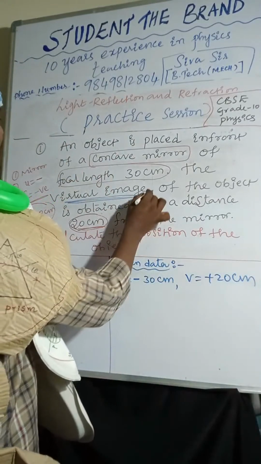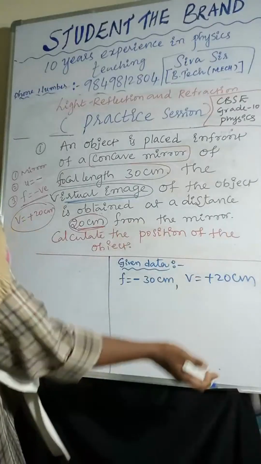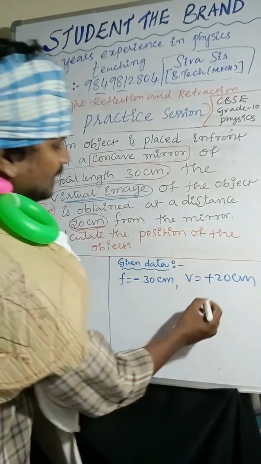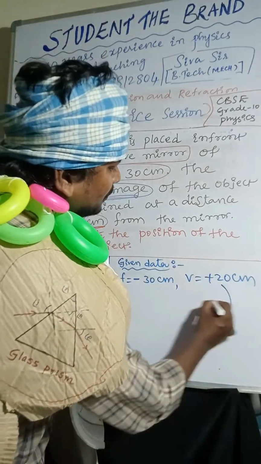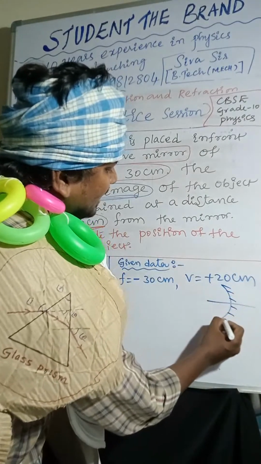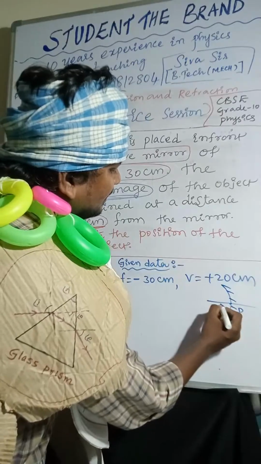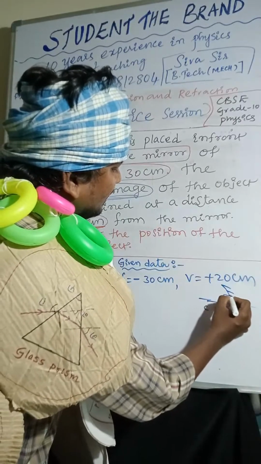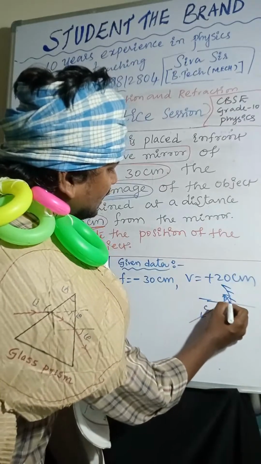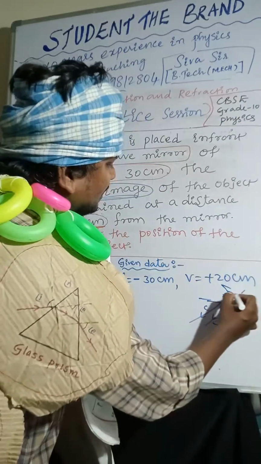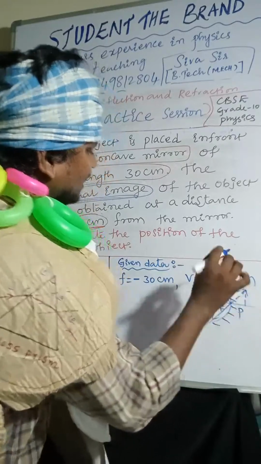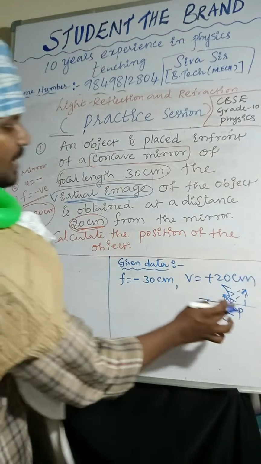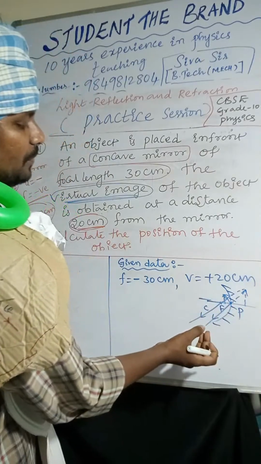If they mention virtual image, it will form behind the mirror, above the principal axis, that too for concave mirror. Immediately you should identify the position also. If they mention virtual image, immediately the position of the image should strike in your mind. So where the object position is, the image must be formed there. Here focal length is given as 30.